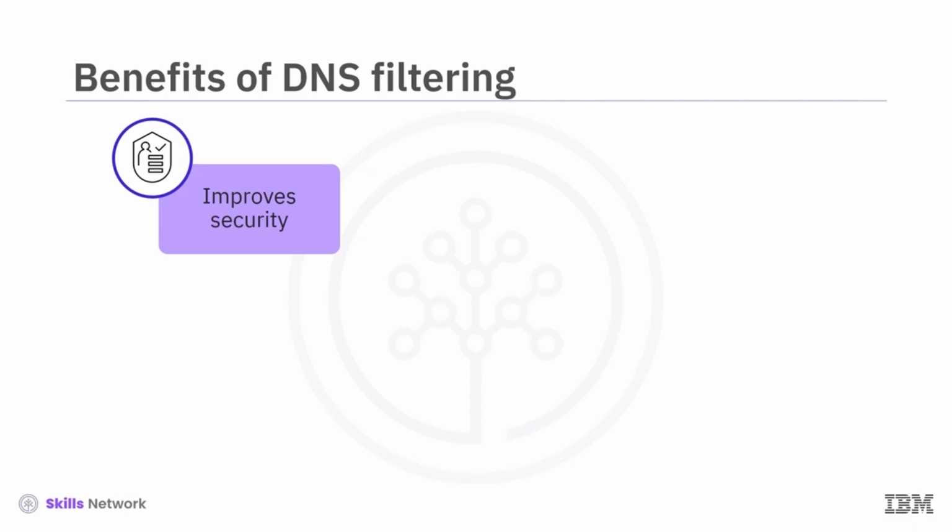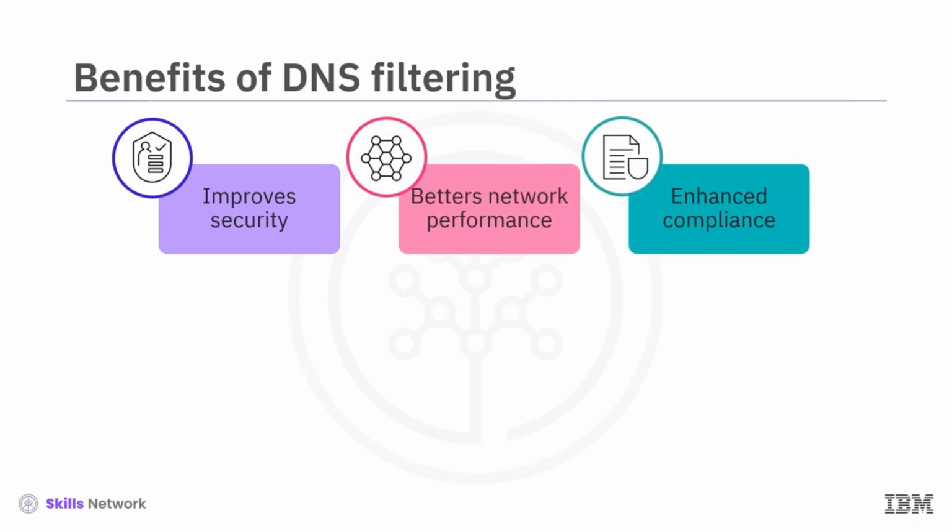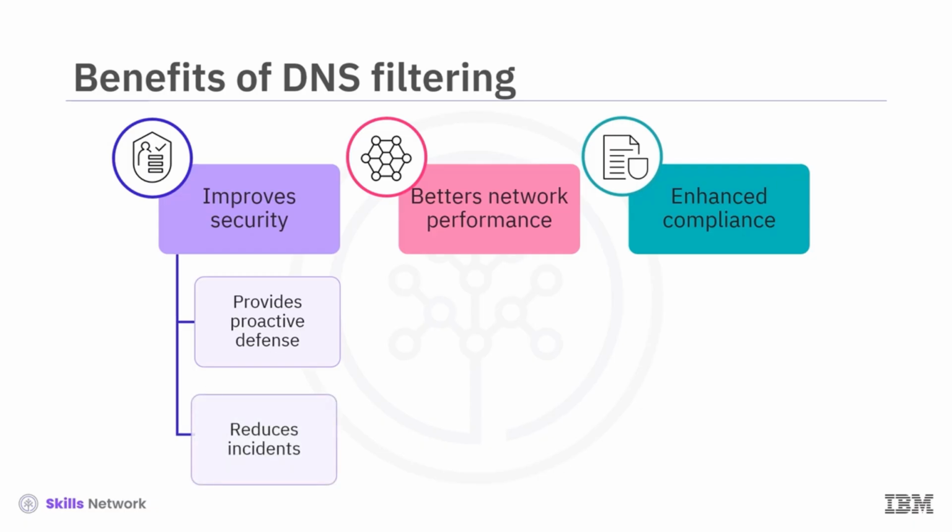DNS filtering improves security, network performance, and compliance. By blocking access to known malicious sites, DNS filtering is a proactive defense mechanism, stopping threats before they reach the user's device. With fewer opportunities for malware to infiltrate the network, organizations experience fewer security incidents and breaches. DNS filtering reduces bandwidth use by blocking non-essential or harmful traffic.